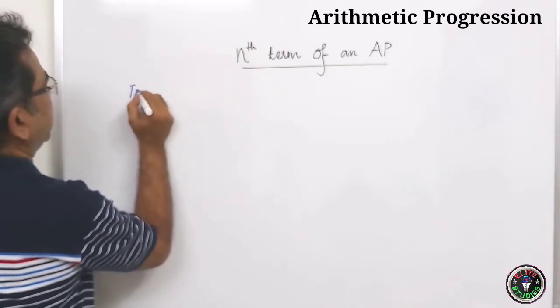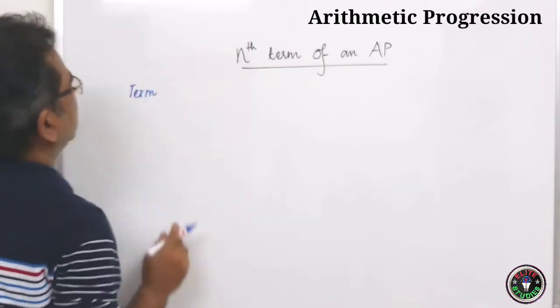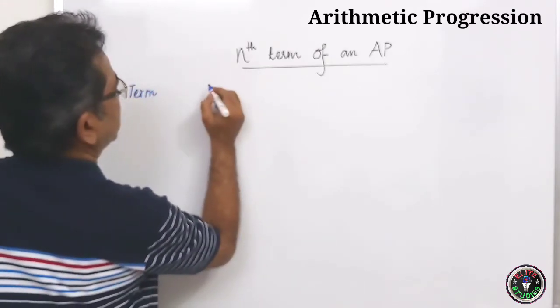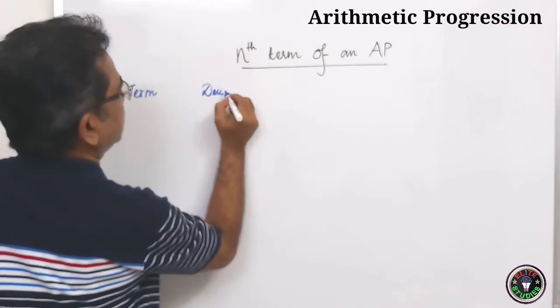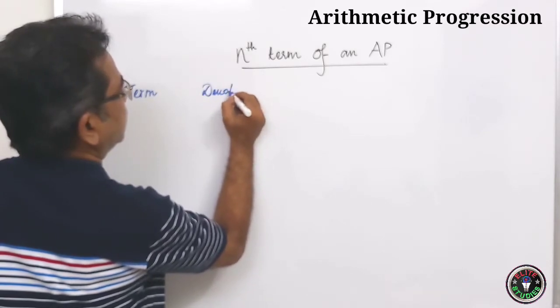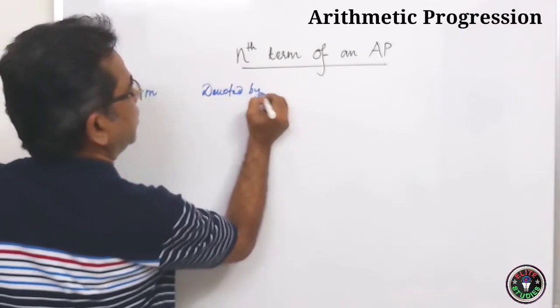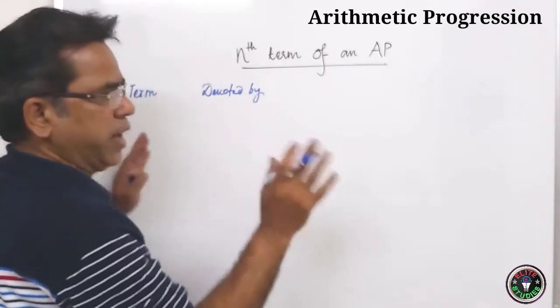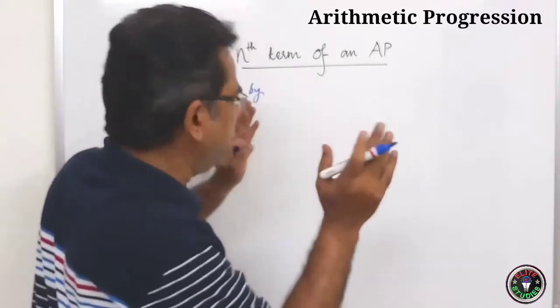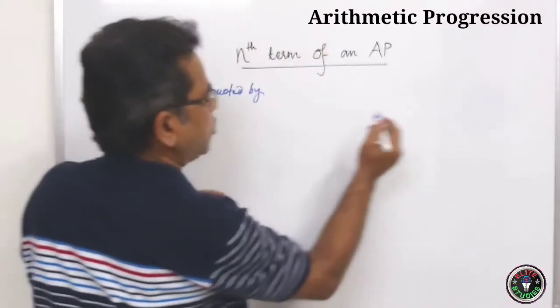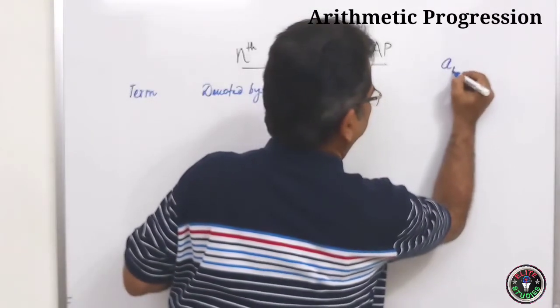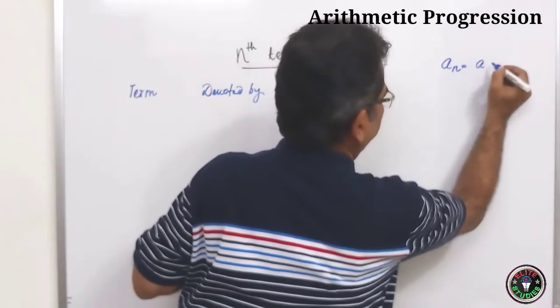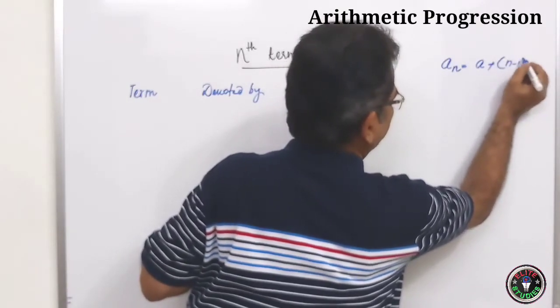So first of all, let us write here: term, denoted by, value can also be written as. It is not given in the book, it is just for your grasping the idea, just to have a clear-cut idea of how we will derive that. Our aim is to derive a_n = a + (n - 1)d.